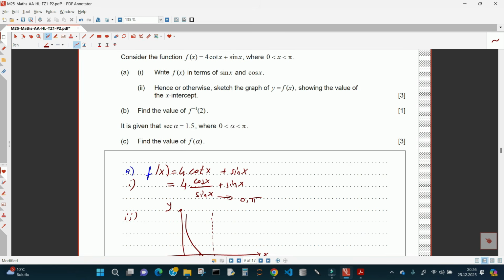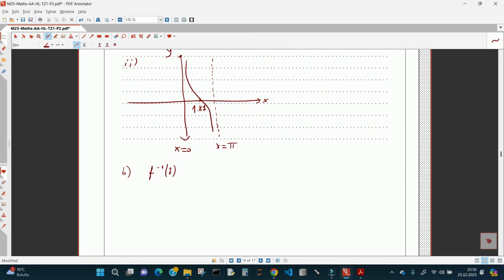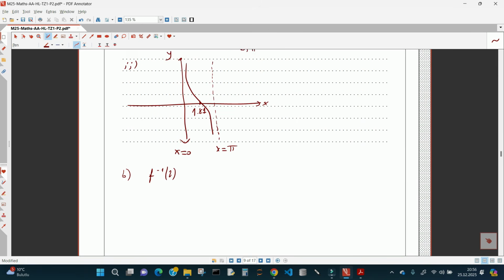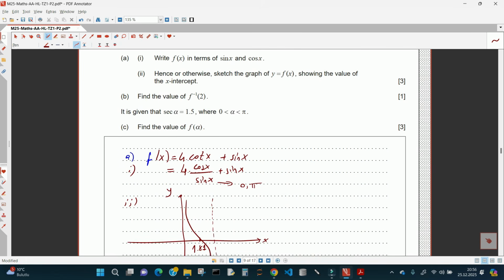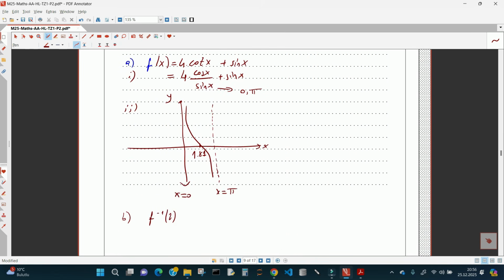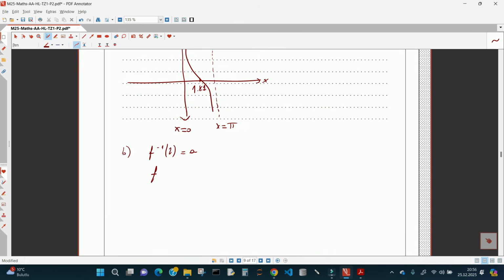Question B, find the value of the inverse of f at 2. To do that, you can also find the value from the graph. If you call it a, for example, it means f of a equals 2, right?